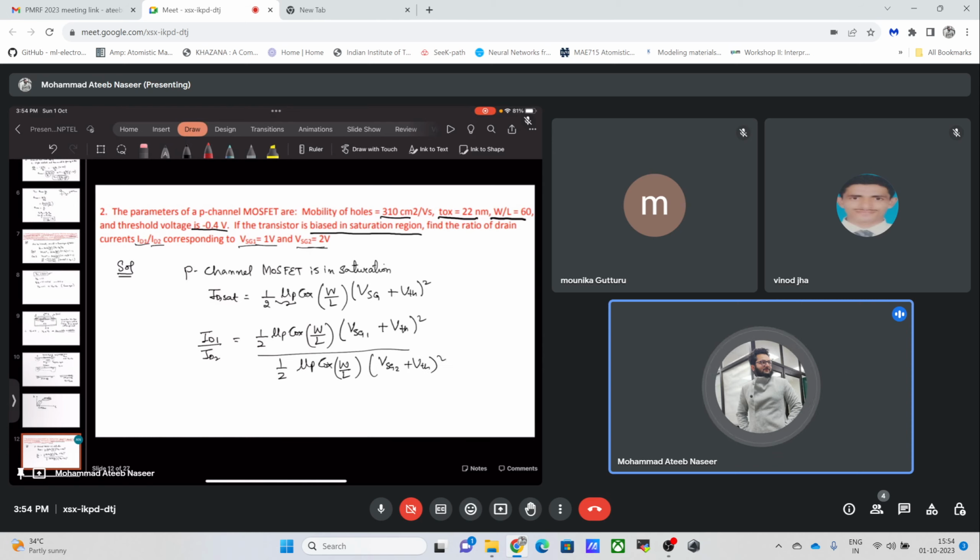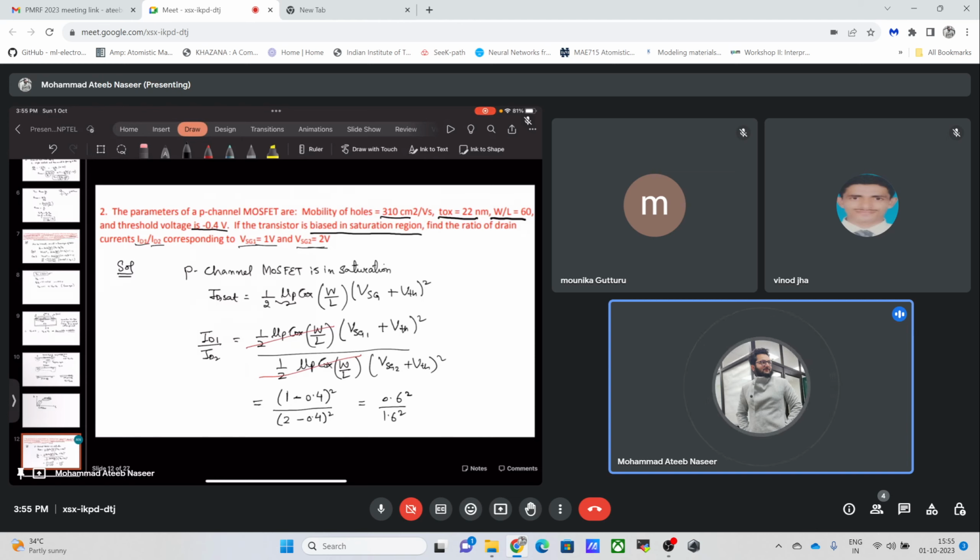This common part will cancel, and we will be left with VSG1 plus VTH, where VSG1 is 1 volt and VTH is minus 0.4, and VSG2 is 2 volt with VTH minus 0.4. So this is 0.6 squared divided by 1.6 squared.